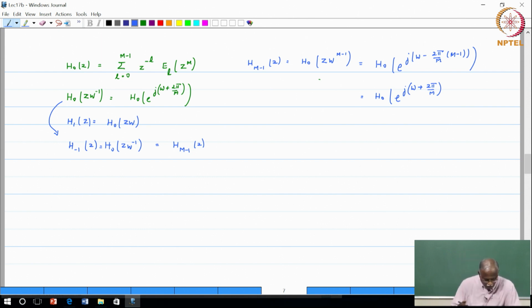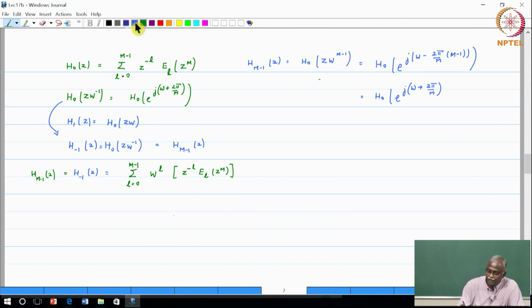If you were to write down H of minus 1 of Z, which is actually equal to H of M minus 1 of Z, the expression would be summation L equal to 0 to M minus 1. Substitute and verify that what you get is W raised to the power L and within brackets Z power minus L E L Z power M. One more, let us take the general case.